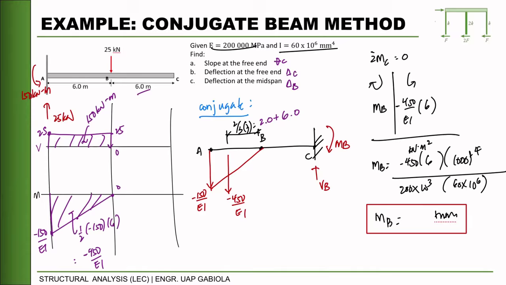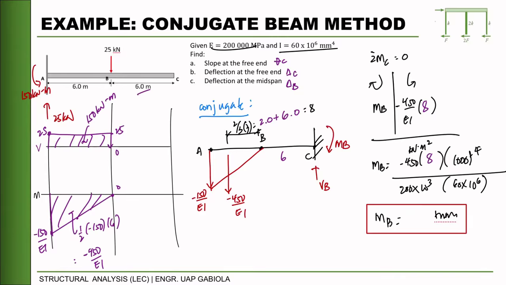So this should be 8. 1,000 raised to 4, 200,000, 60. Negative 300. So 0.5 times 150 times 6 is negative 450 times 6.